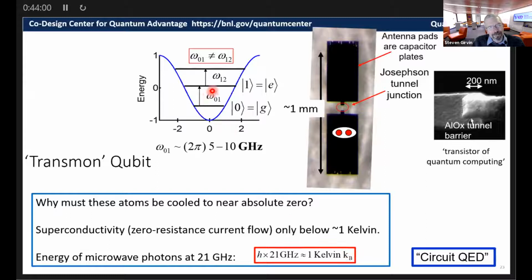And this is at 5 gigahertz, so it only corresponds to a quarter of a Kelvin. So a temperature of 5 Kelvin looks red hot to these poor atoms. You have to cool them down to 1/100th of a degree above absolute zero in order to have them land in their ground state. Okay.